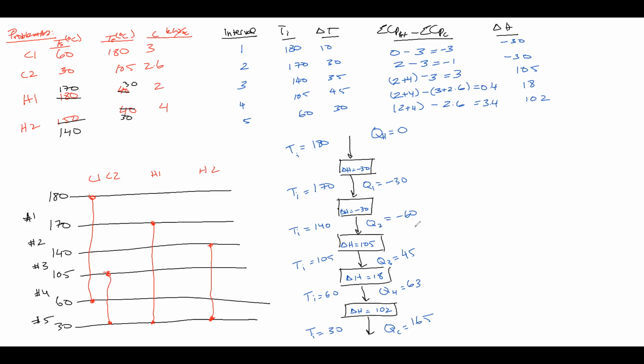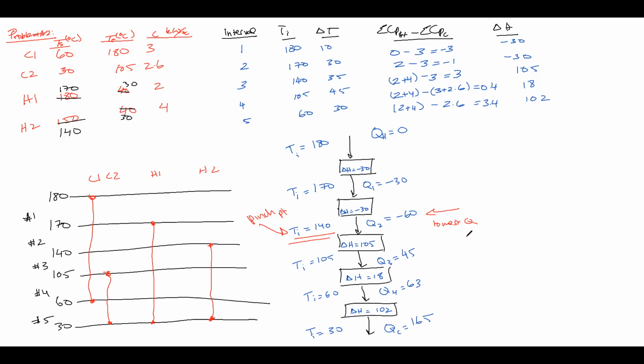And then I'm going to look at the lowest Q, and in this case, the lowest Q is this guy right here, right? Lowest Q, so this is my pinch point.